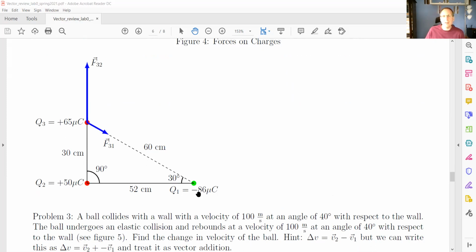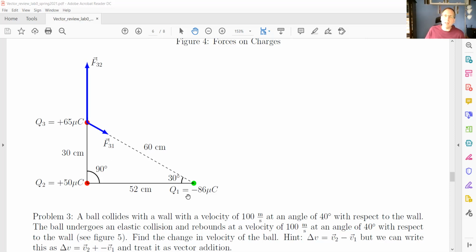You guys will learn more about this. Because this is a negative charge, this is a positive charge. Unlike charges attract, so this charge is going to exert a force in this direction. So think of this as the force on 3 due to 1. So this 3, 1 here means on 3 due to charge 1.